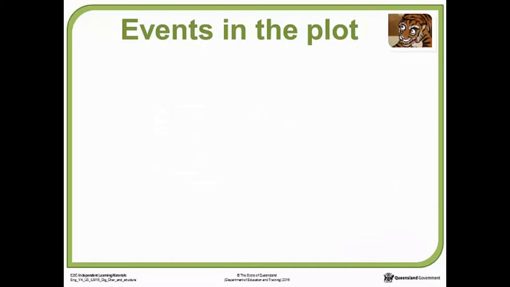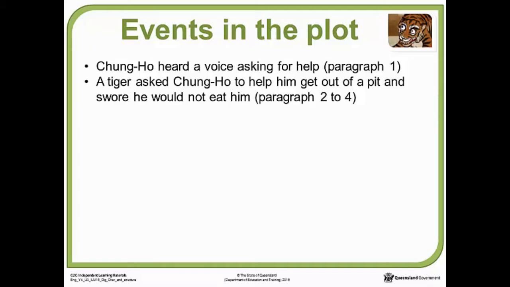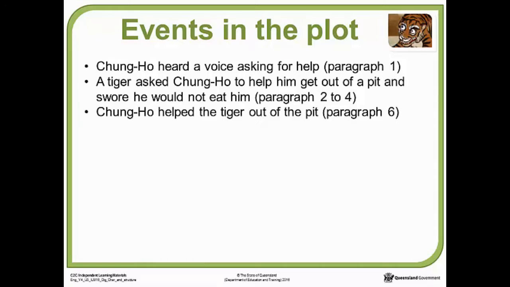Let's look at the main events in the story The Tiger, the Rabbit, and Chung Ho. Chung Ho heard a voice asking for help. Paragraph 1. A tiger asked Chung Ho to help him get out of a pit and swore he would not eat him. Paragraph 2 to 4. Chung Ho helped the tiger out of the pit. Paragraph 6. The tiger decided he would eat him. Paragraph 7.